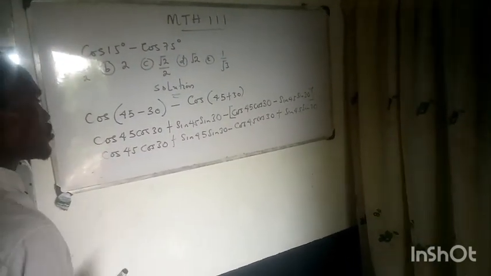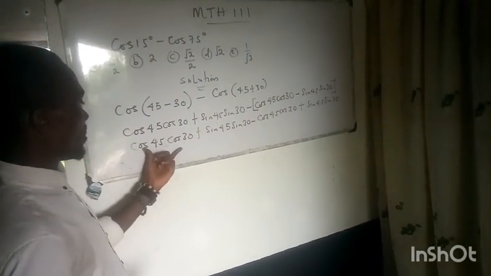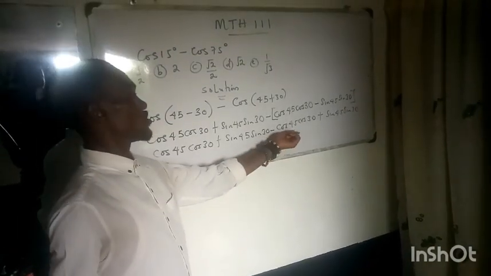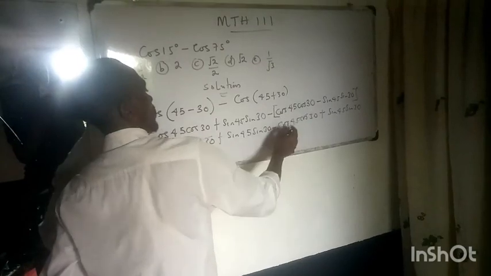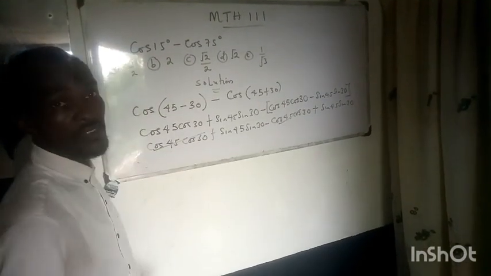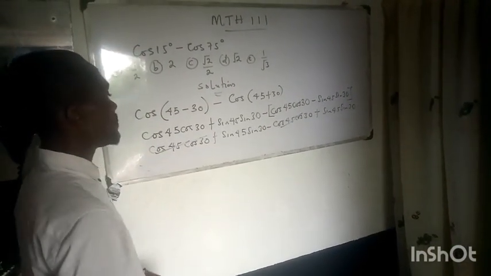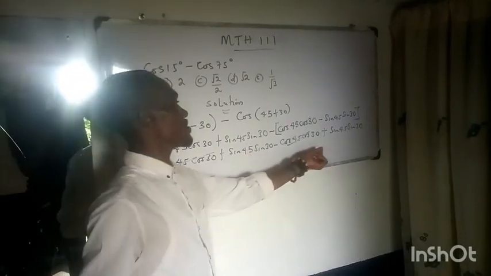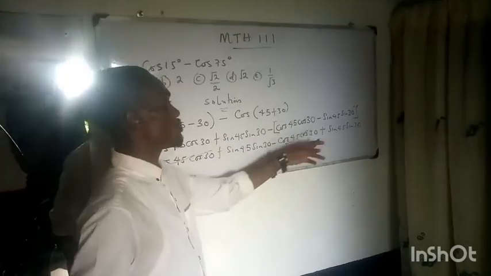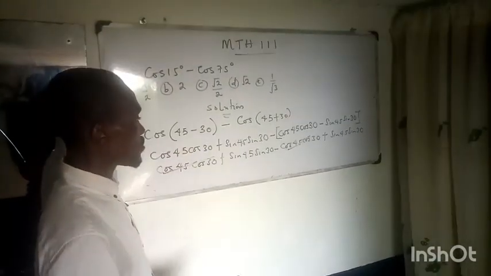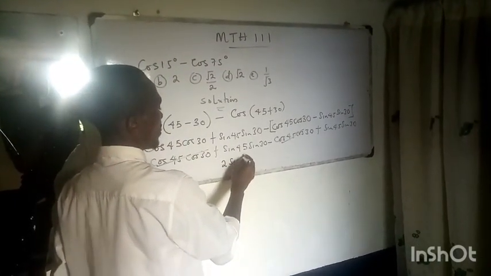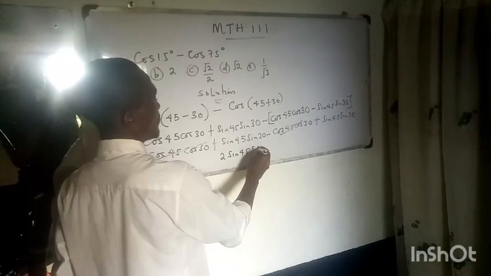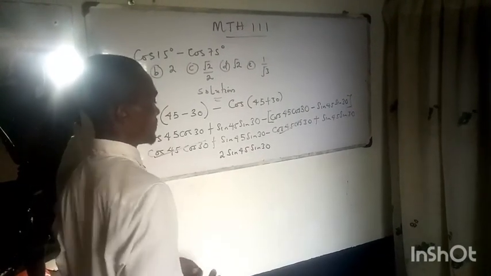Now when we look at this, we see that this term and this third term are the same. We can cancel because of the minus. So when you minus, they cancel each other. This term and this term are also the same, but because of the plus, we are going to add both of them together, which will give us 2 sine 45 sine 30.